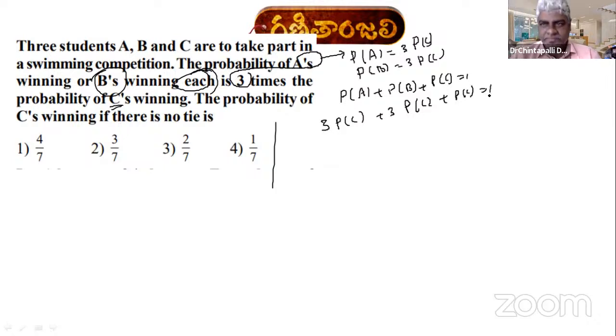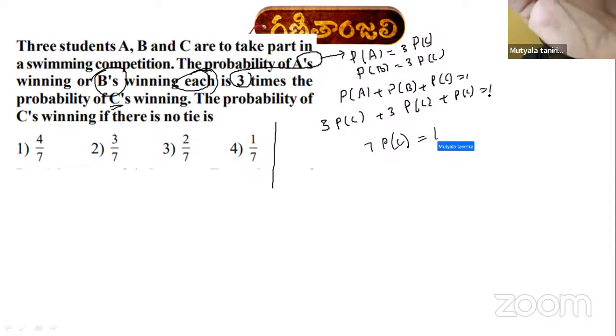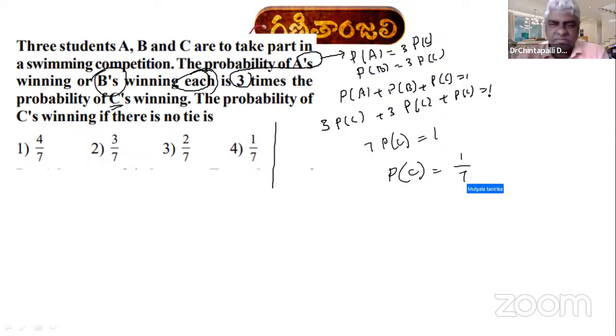So 7 P of C equals 1. Probability of C equals 1 over 7.